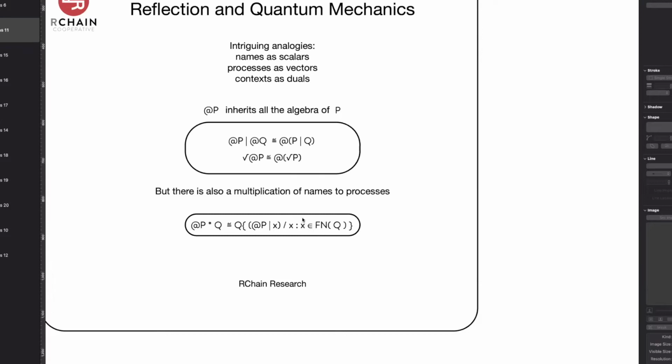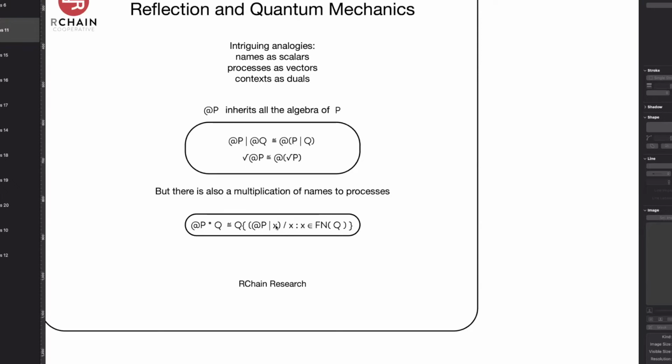Okay, so we pick up all the free names, and for every free name, what we're going to do is a substitution. So it'll be the simultaneous substitution. So we're going to substitute this name, and this name is well defined, right? Why is this name well defined? Well, because of this equation.